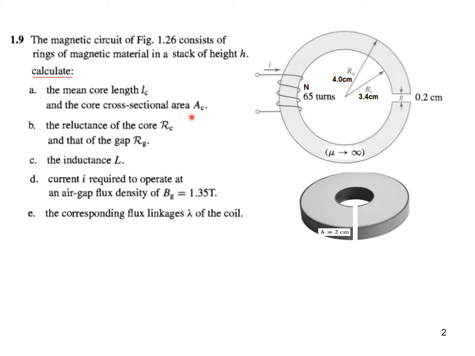Then the cross-sectional area from here, and then we have to find the reluctance of the core and that of the gap, inductance L, current I required to operate at an air gap flux density of Bg equal to 1.35, and the corresponding flux linkages lambda of the coil.